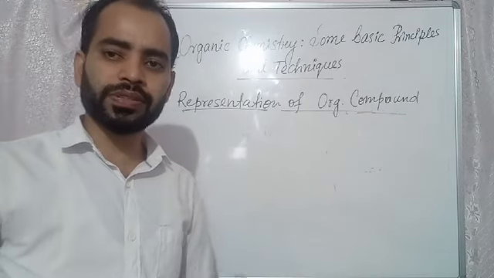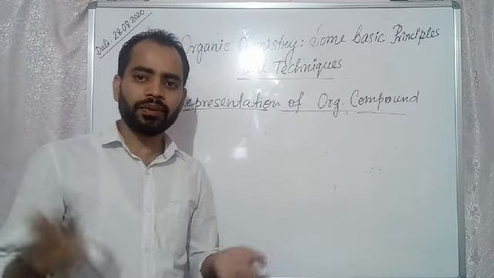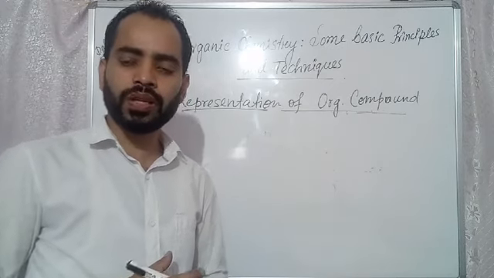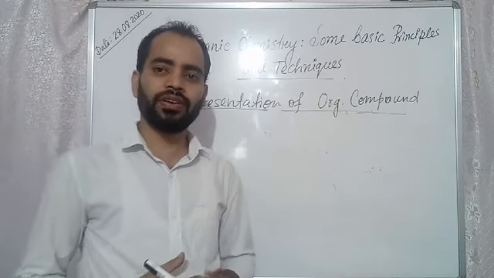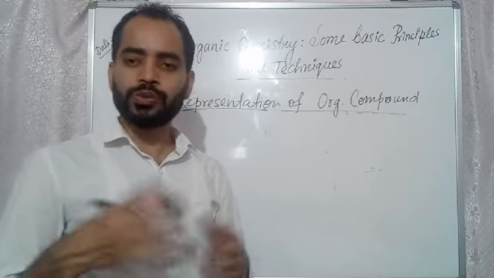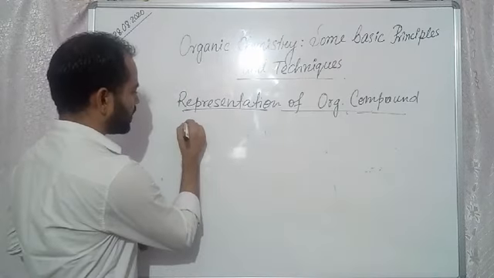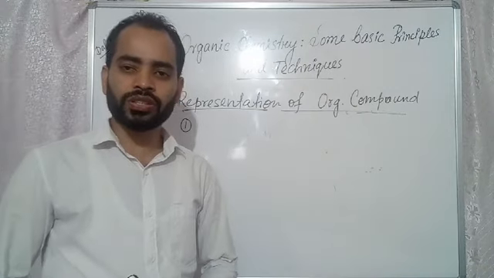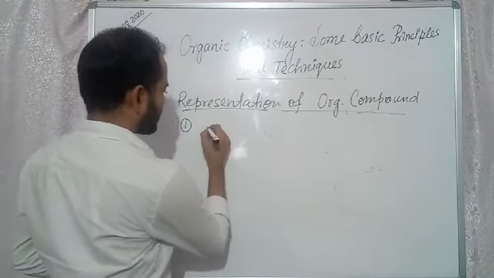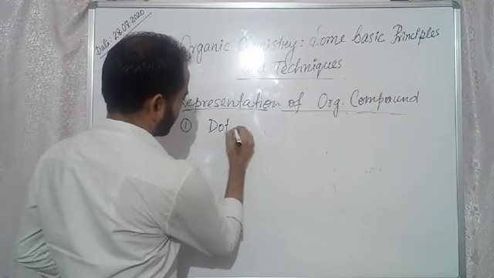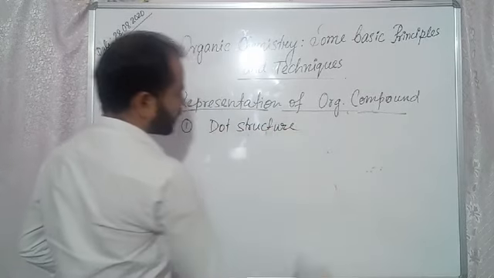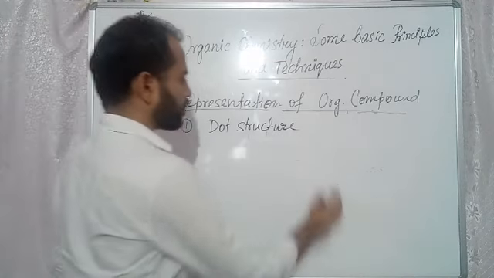We can represent an organic molecule, or the structure of an organic molecule, in 4 different ways. First one is called Lewis dot structure, or simply dot structure or formula.